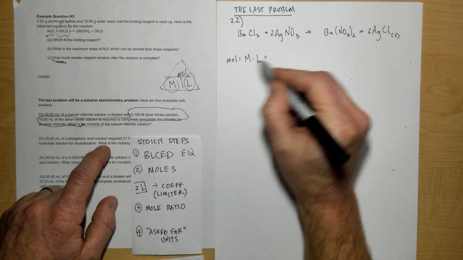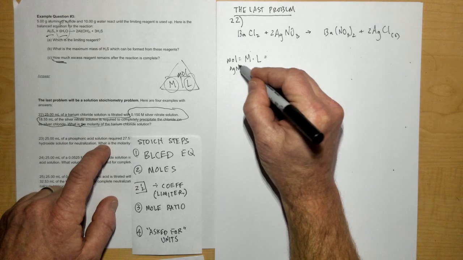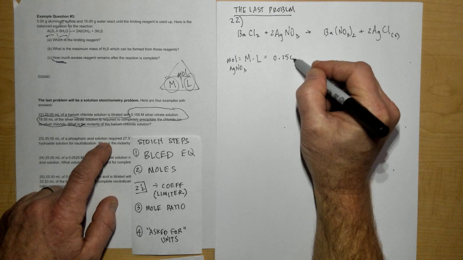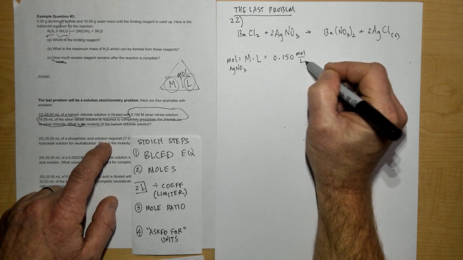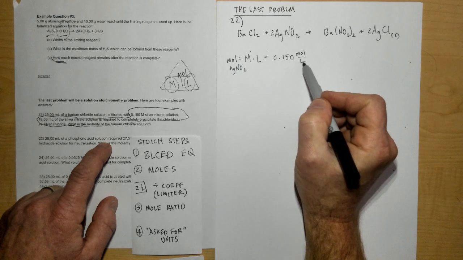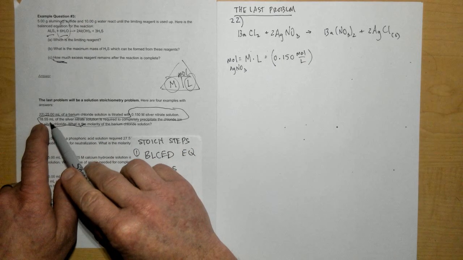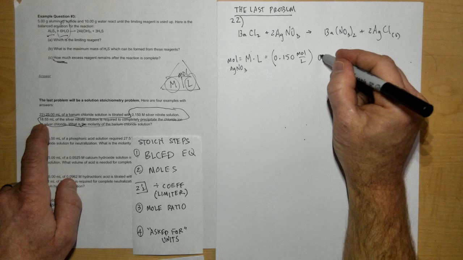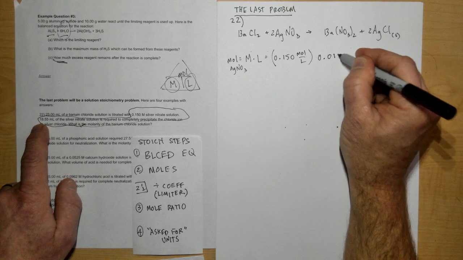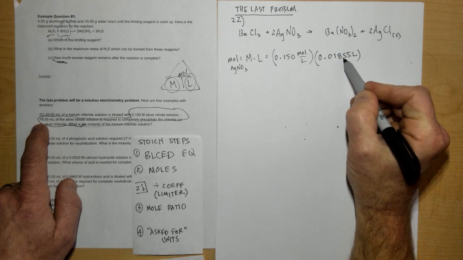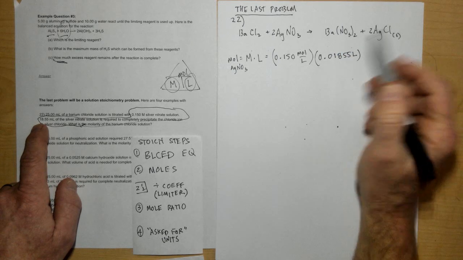And so my molarity of my silver nitrate solution is 0.150 moles per liter, because remember capital M is the same as moles per liter, times my liters, and be careful to convert this 3 to the left, so 0.01855 liters, because it was 18.55, so 1, 2, 3 to the left.